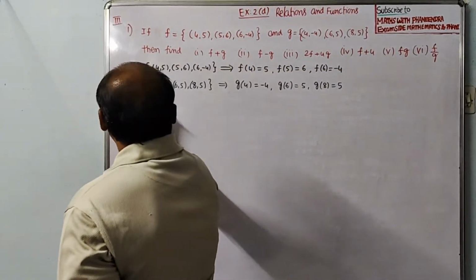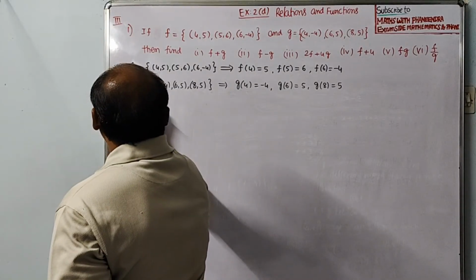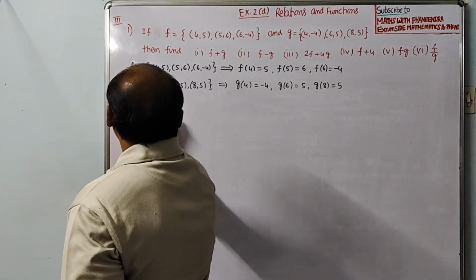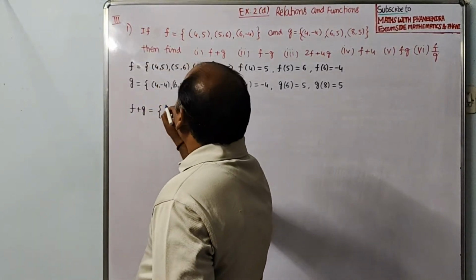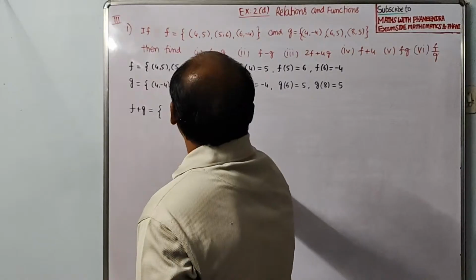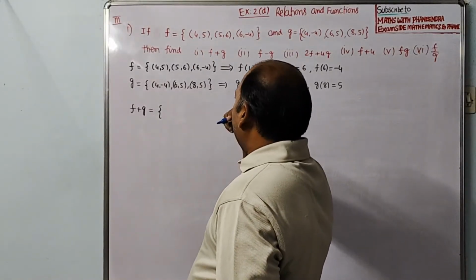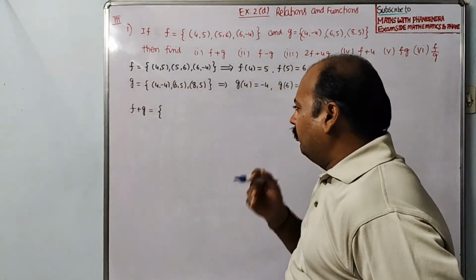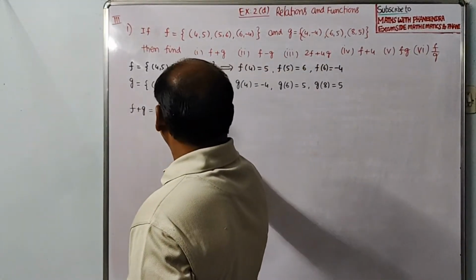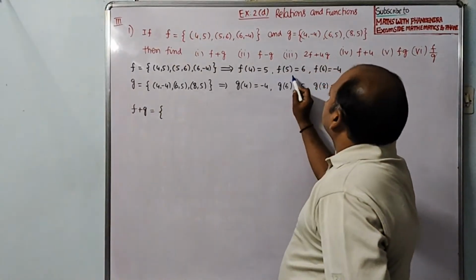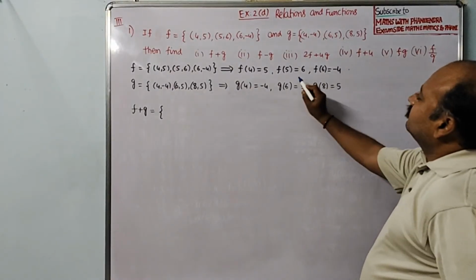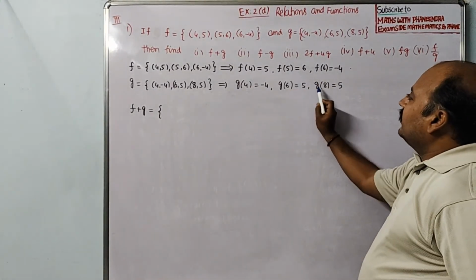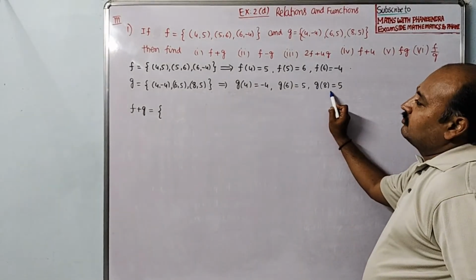Now come to f plus g. That means f of 4 is 5. For 5, there is no element in g.